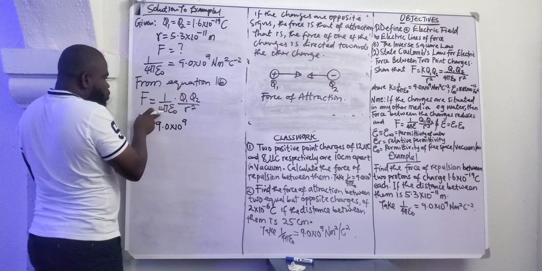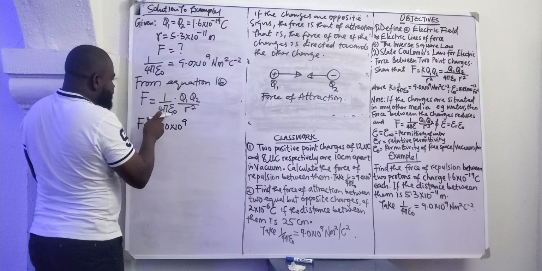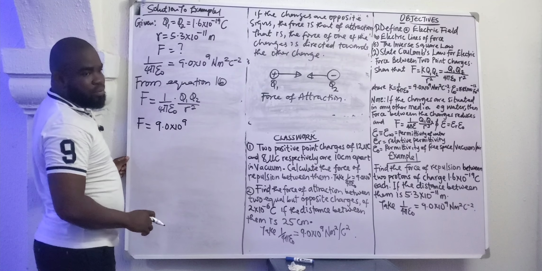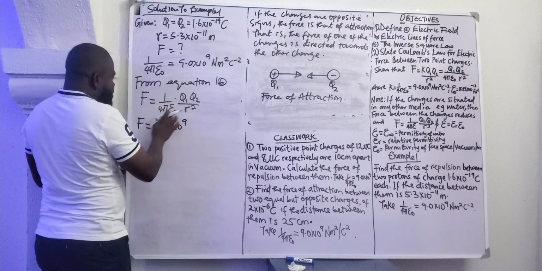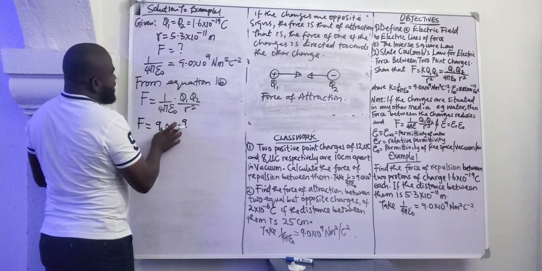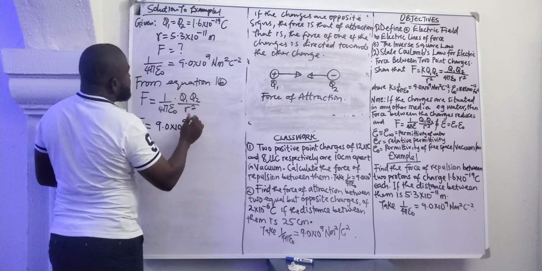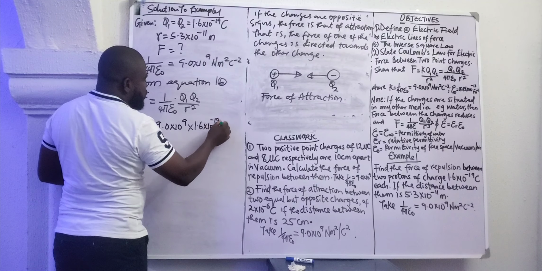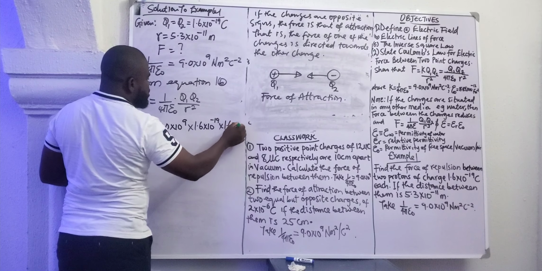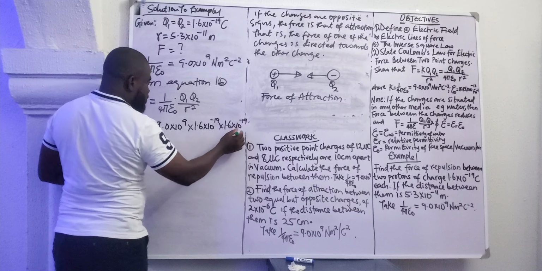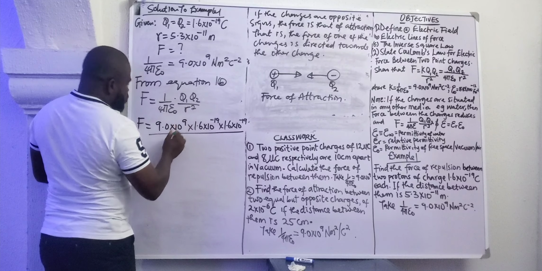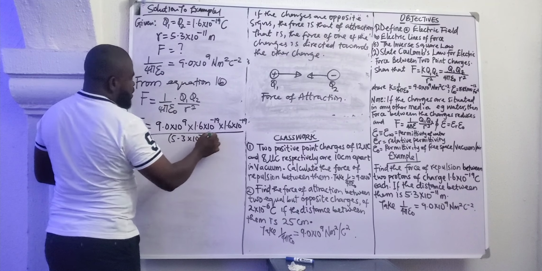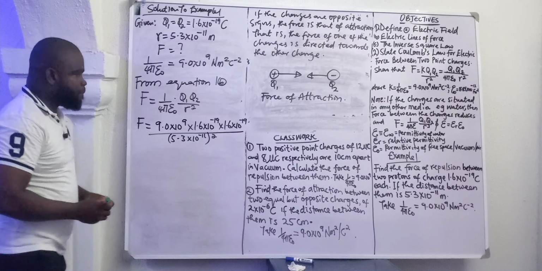It is not for you to go under and put 9.0 times 10 raised to the power of 9 under here. If you do that, you are wrong. All of this is what is equal to this value. So this value is at the top, times Q1, 1.6 times 10 raised to the power of minus 19, Q2, 1.6 times 10 raised to the power of minus 19, divided by R square, 5.3 times 10 raised to the power of minus 11, all square.